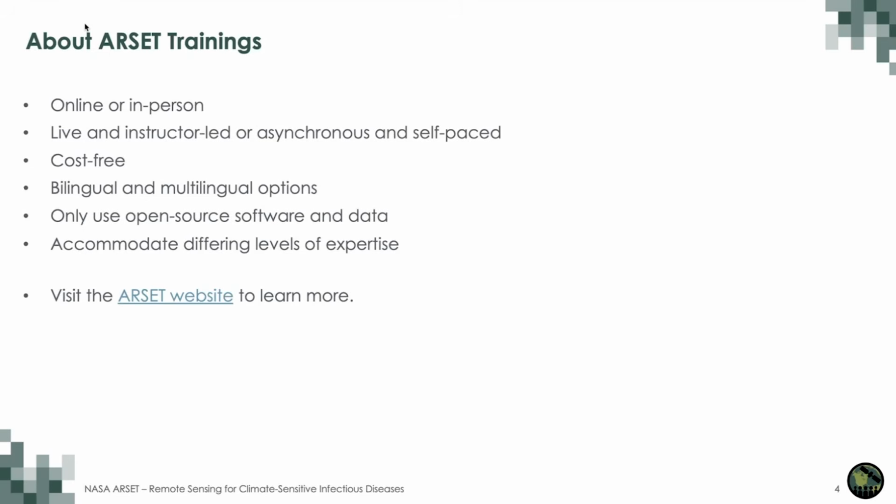We try to offer trainings in more than one language whenever we can, and we only use no-cost and open source software and data. We offer trainings at a range of levels so that you can find a training series that fits your level of experience and need. Please visit us at our website to learn more.